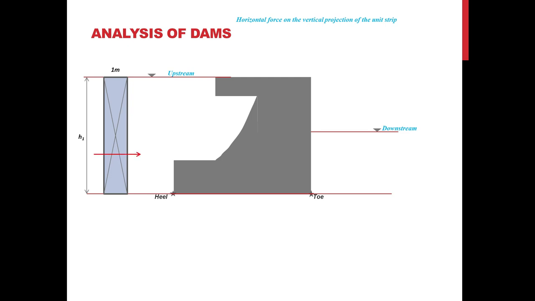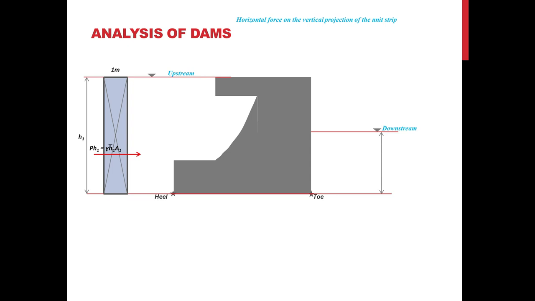Now out of that, by the principle of hydrostatic force on plane surfaces, we'll just have to project that vertically. And below the center of gravity is the center of pressure, wherein the horizontal force will lie. So PH1 is given by the formula gamma H bar 1 A1. So this is a concept previously discussed.